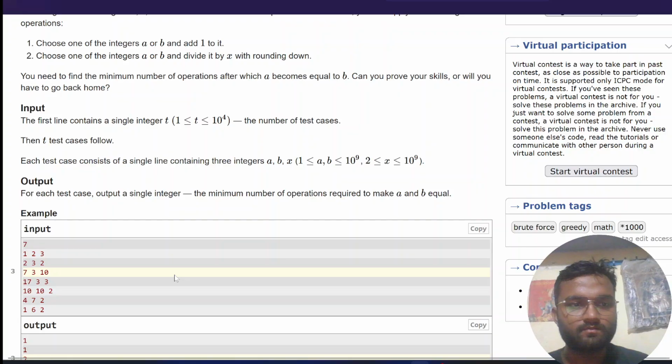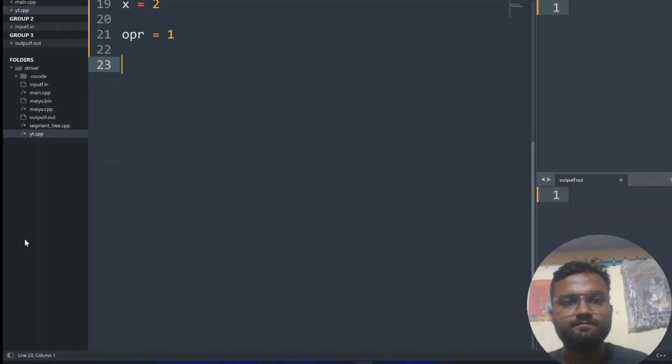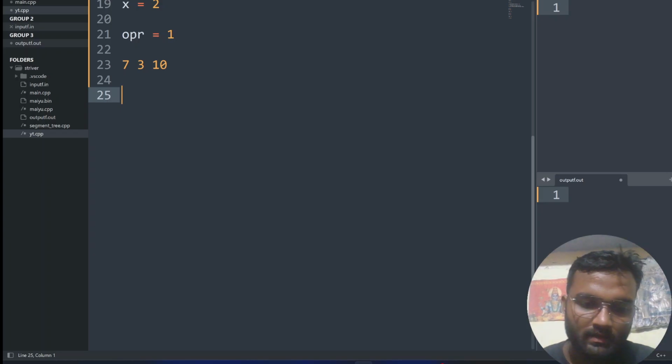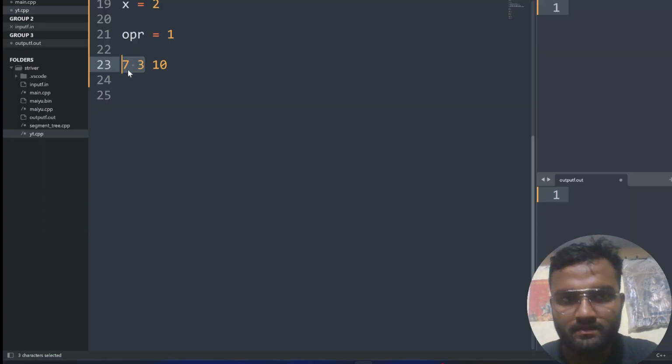Let me discuss one more. Suppose we are given 7, 3, 10. If we try the first operation, we have to increase b. Here b is 3, so we have to increase b 4 times to make a and b equal.